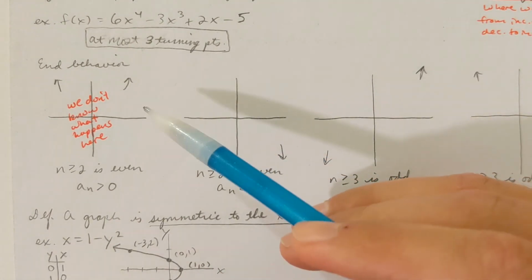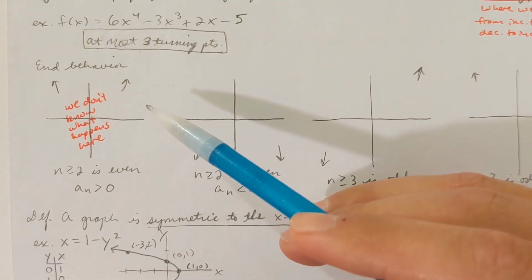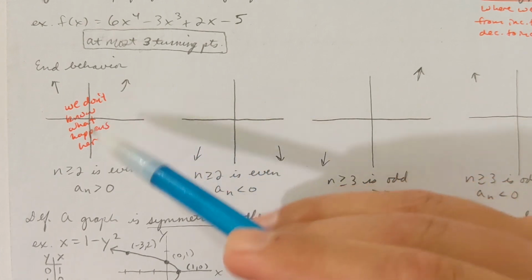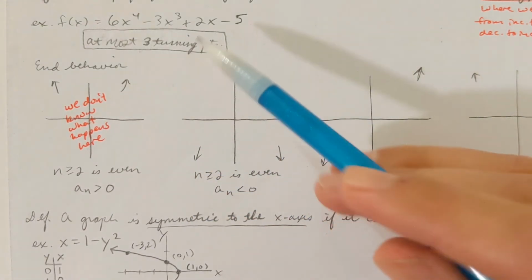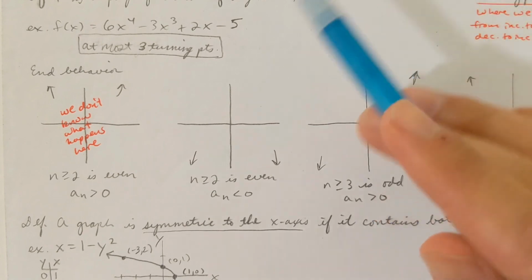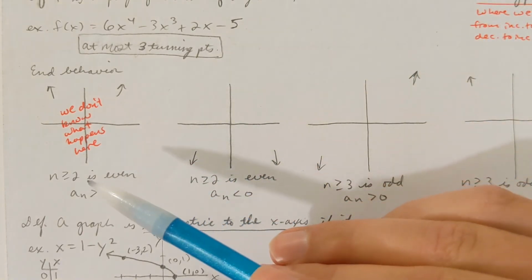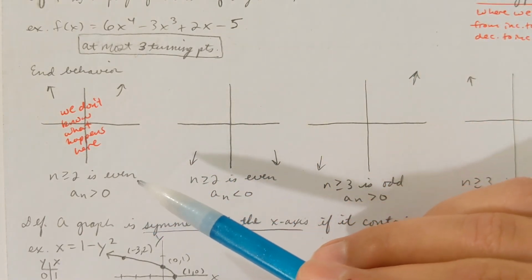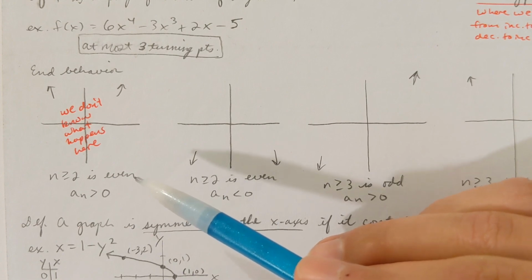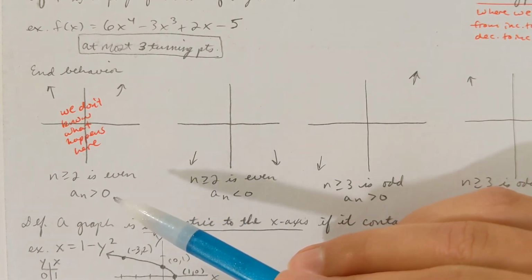If we look at the end behavior of a function, now we don't know what happens in the middle, but suppose that n is greater than or equal to 2, and that's an even number, and a sub n is greater than 0.